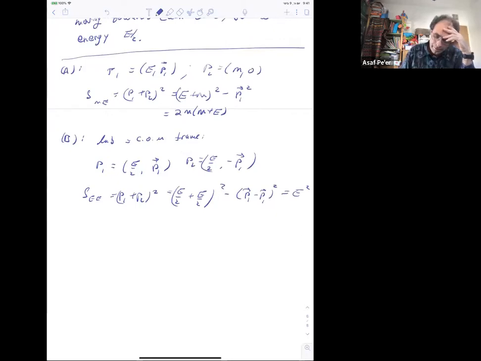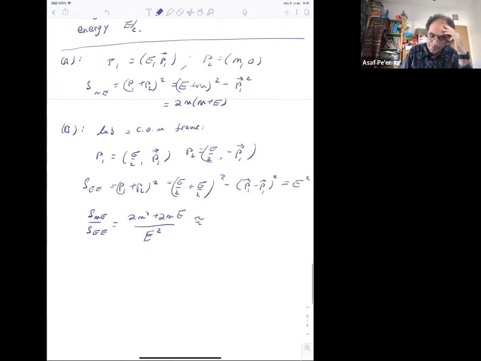So if you compare them, S fixed-target versus S collider, it's just (2M squared plus 2ME) over E squared, and for E much greater than M we can remove the first term. This is just 2ME over E squared.